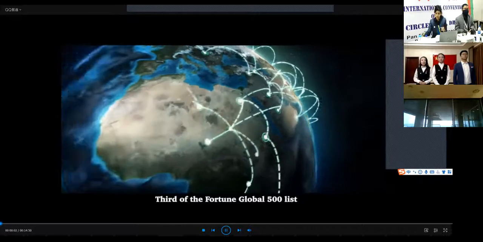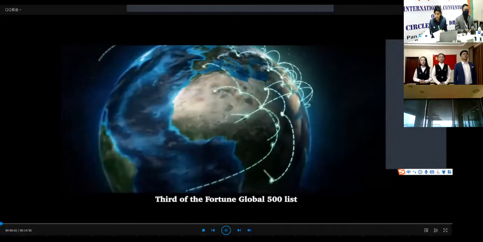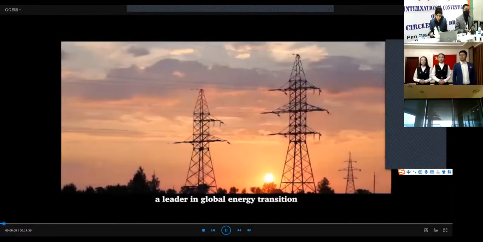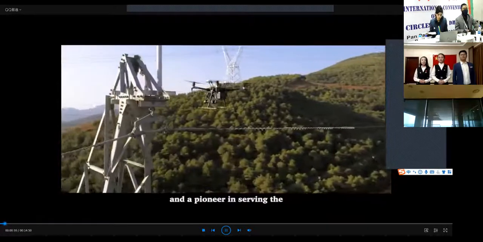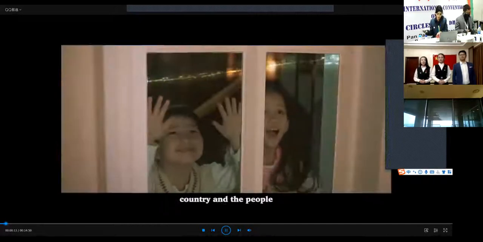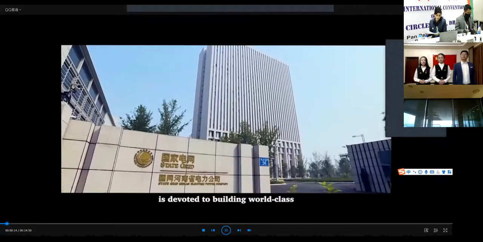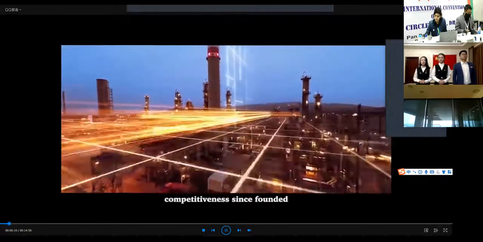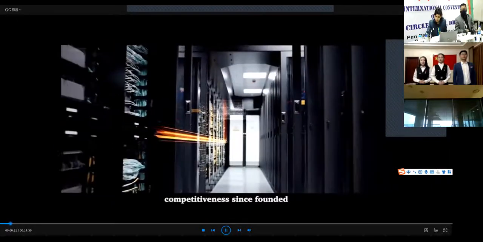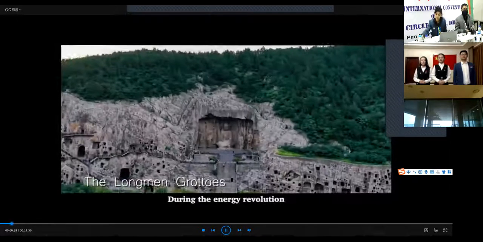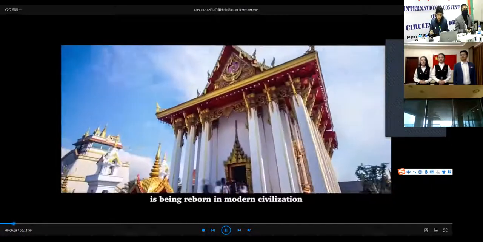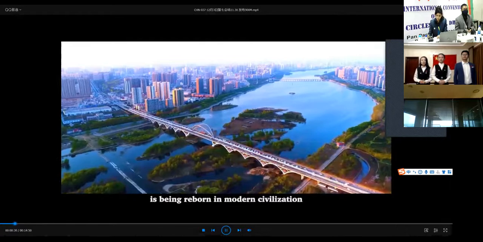Third of the Fortune Global 500 list. State Grid Corporation of China, a leader in global energy transition and pioneer in serving the country and the people, is devoted to building a world-class integrated enterprise with outstanding competitiveness since it was founded. During the energy revolution, Luoyang, a famous historical city, is being reborn in modern civilization.